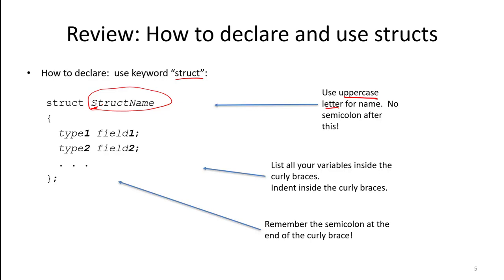A struct is a programmer-defined type, so often we choose to give those uppercase letters. Notice the semicolon goes at the end of the struct declaration after that closing curly brace. And then inside the braces of our struct, we list all the variables that each struct is supposed to include.